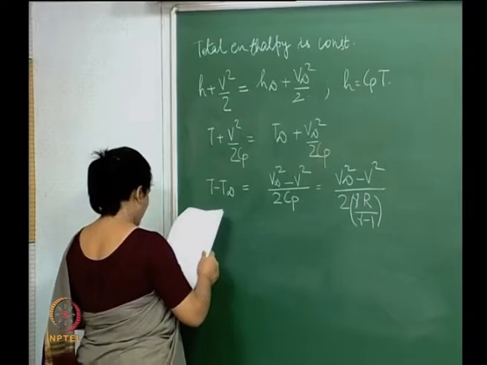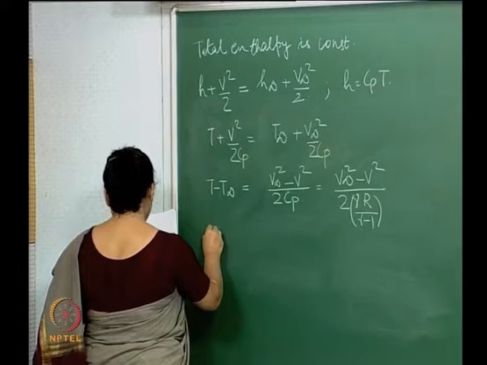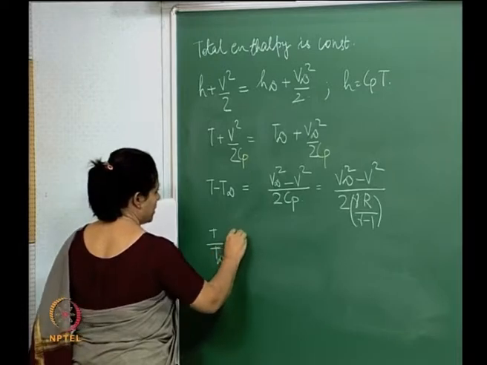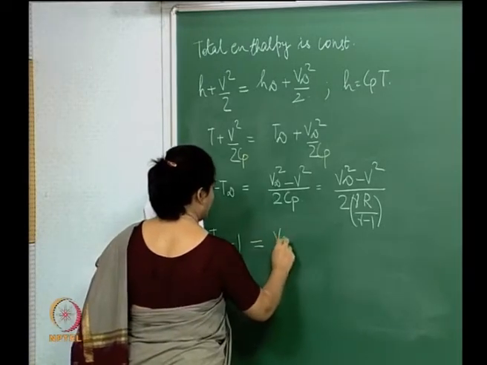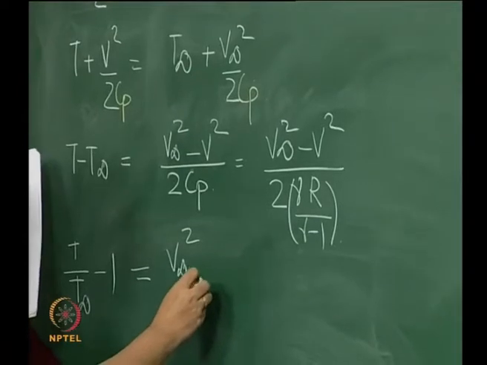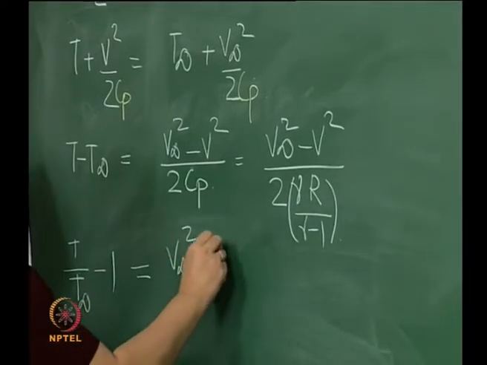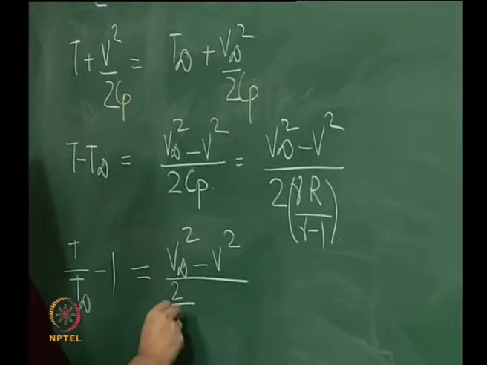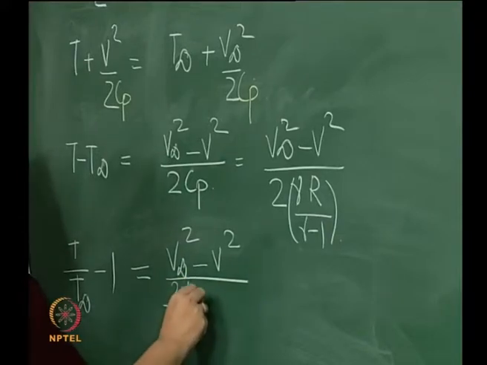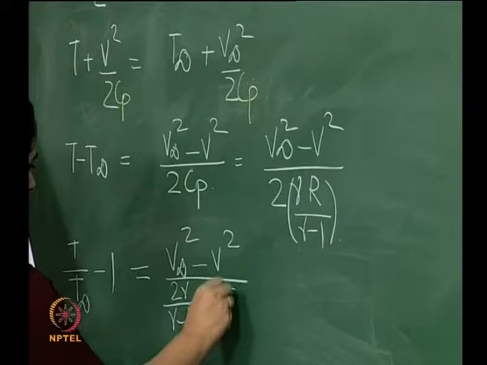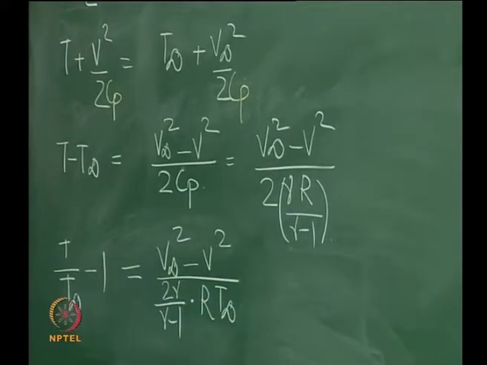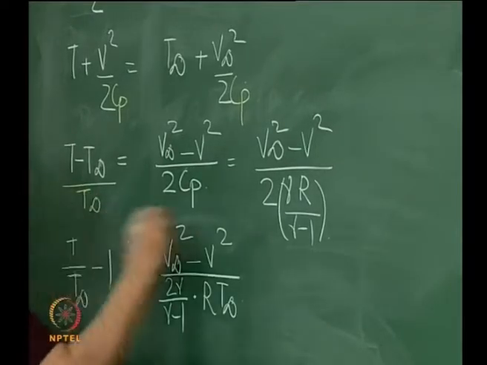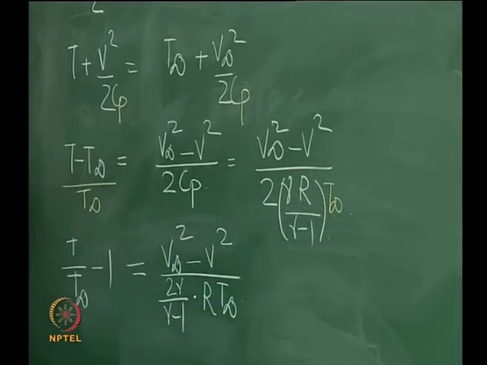So if I do that, then again I divide by T infinity. Then this equals to, right. I divide by T infinity throughout. So if I divide by T infinity throughout, this is what I get.